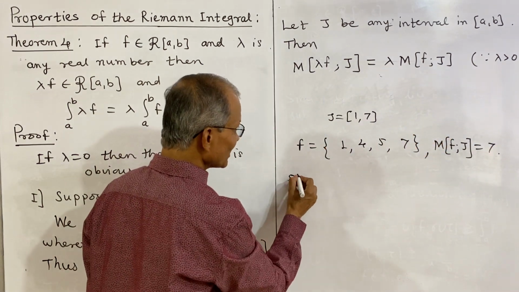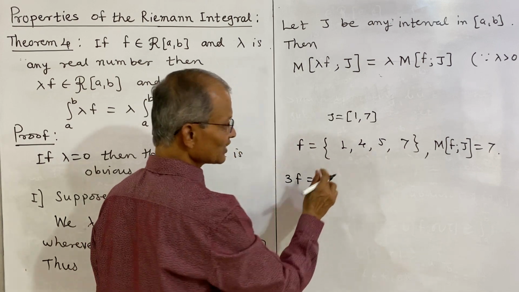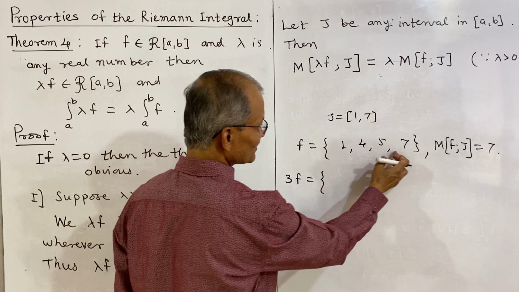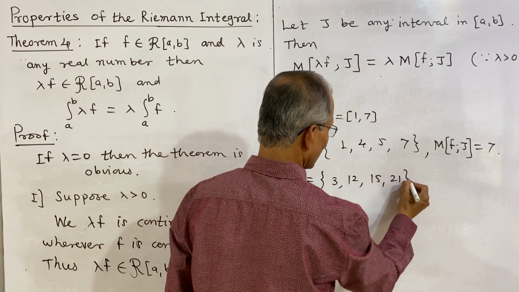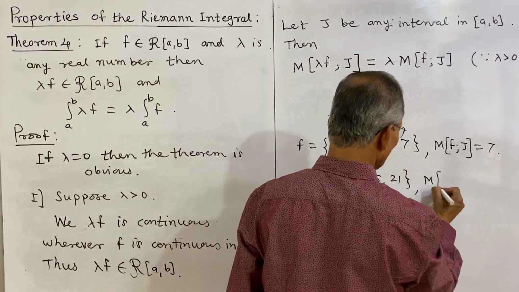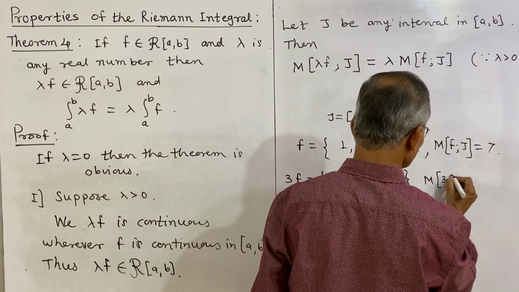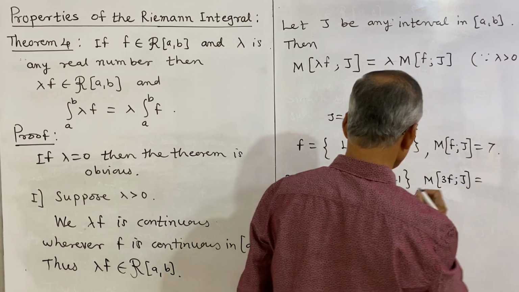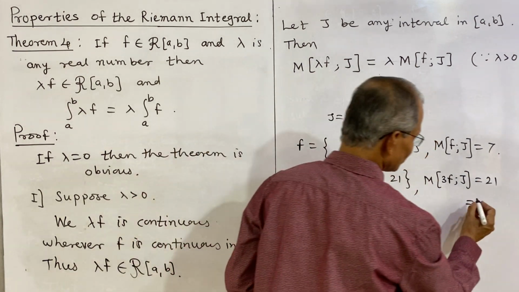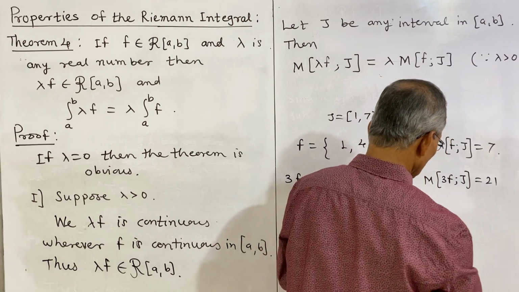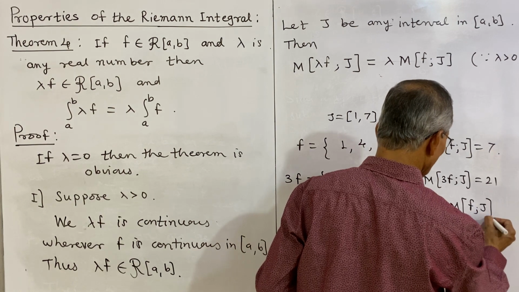Now if you consider 3 times f, we multiply each number by 3, and this becomes 3, 12, 15, 21. The maximum value of 3f over j is 21, which is the same as 3 times 7.